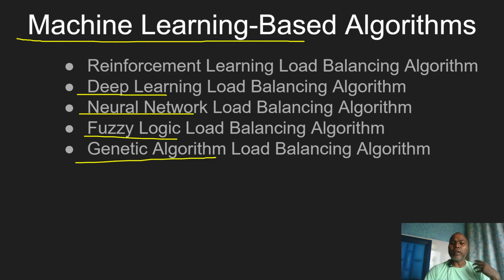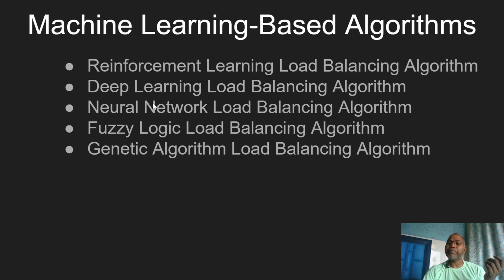So we say reinforcement learning as well. There are lots of load balancing algorithms available that use machine learning based concepts, like genetic algorithm, fuzzy logic based or neural network based. These are the different kinds of algorithms that our load balancer can use to decide how to route traffic to the respective server.